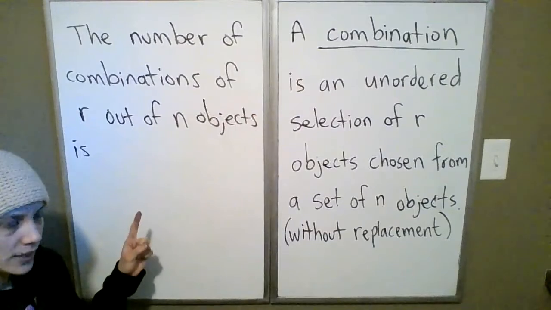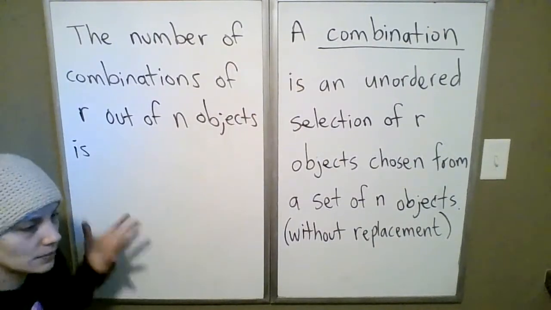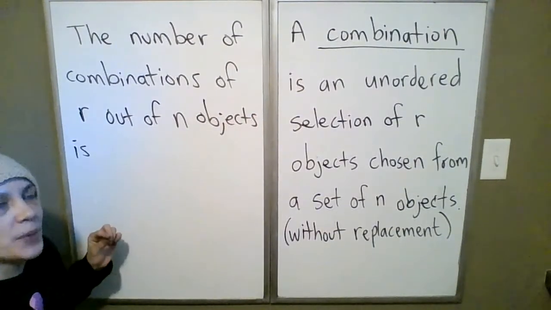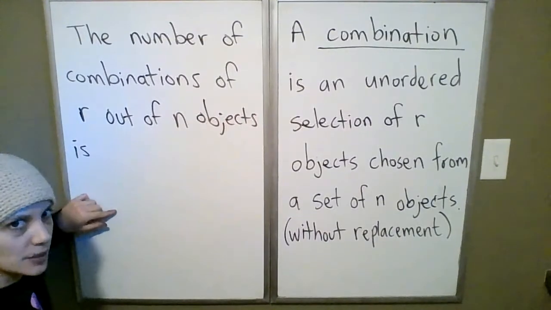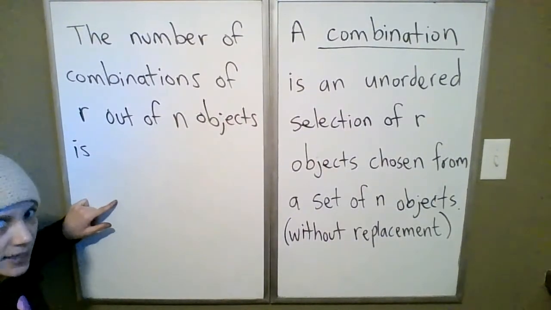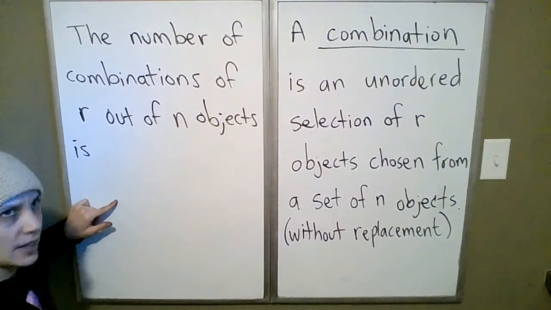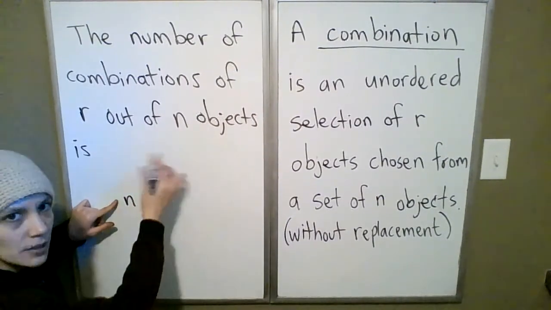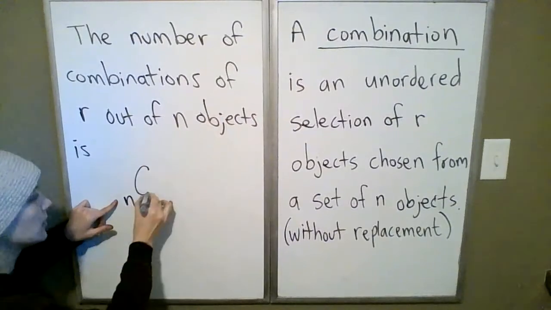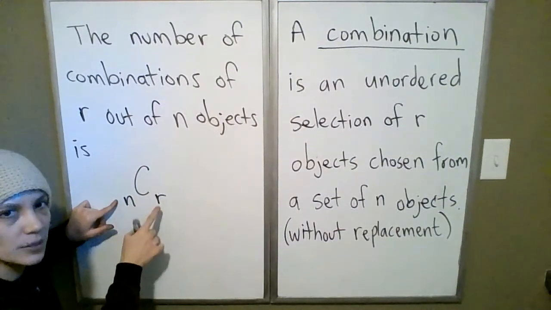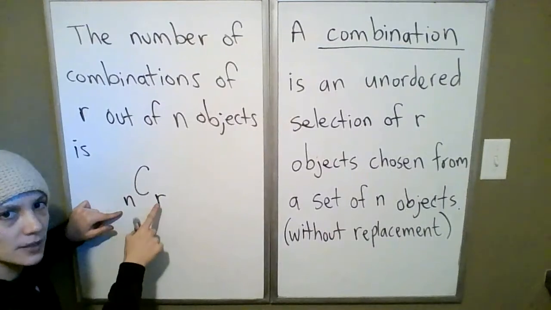I'm going to show just one way so we don't bring up confusion. The way the book goes with is similar to the one before. You have your subscript N, capital C for choose, and the subscript R: N choose R.